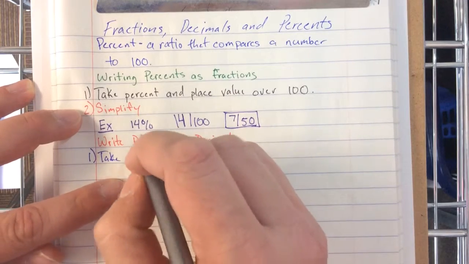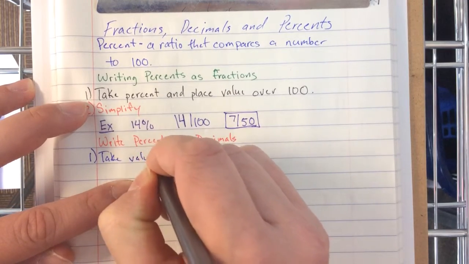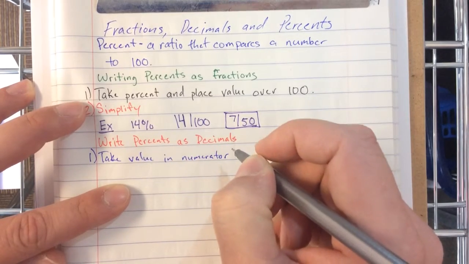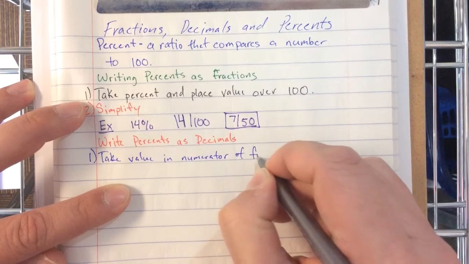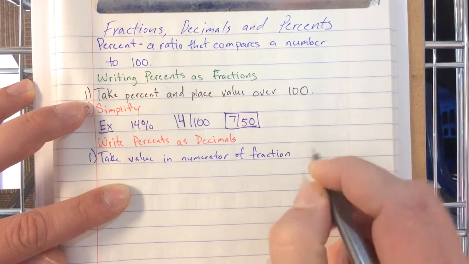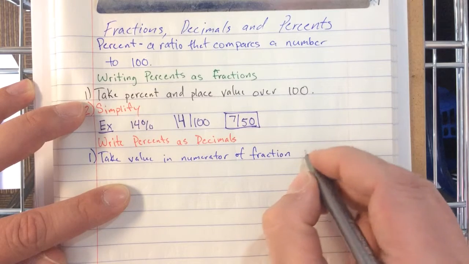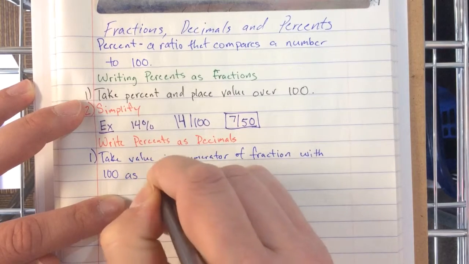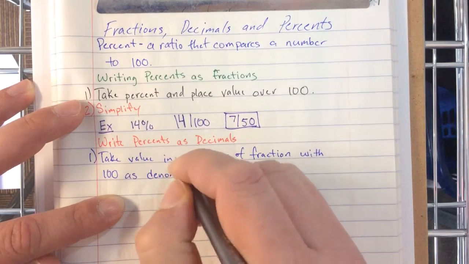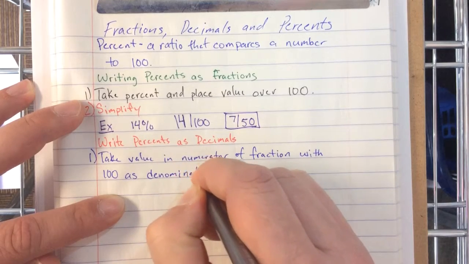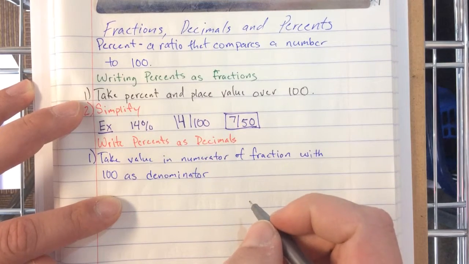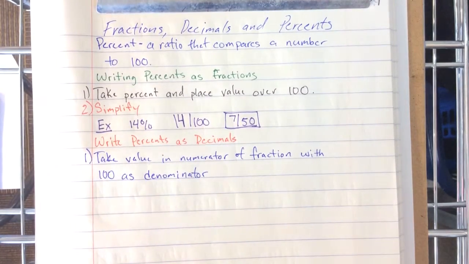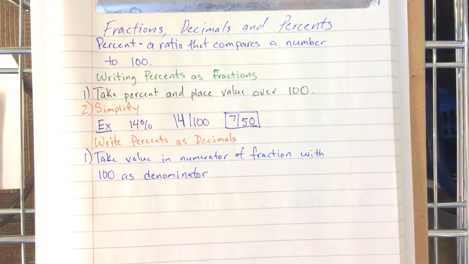So take value and place in numerator of fraction with 100 as denominator. So we're going to take our percent, place that over 100 for our first step.